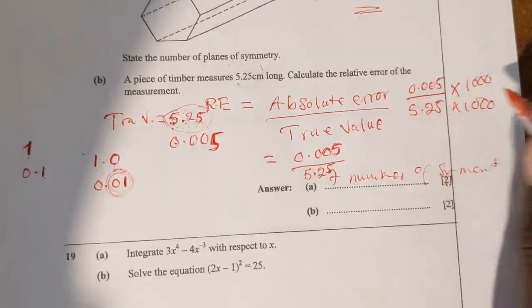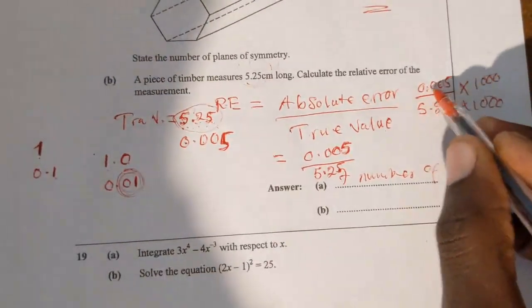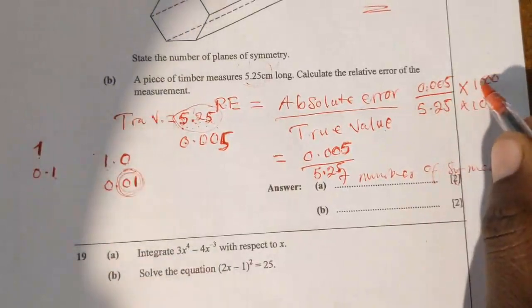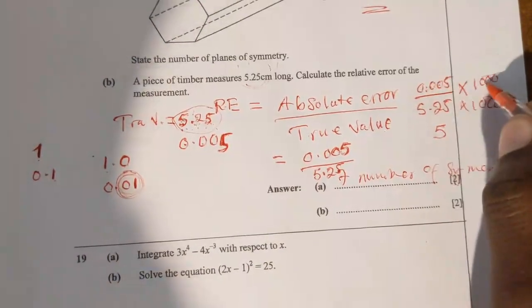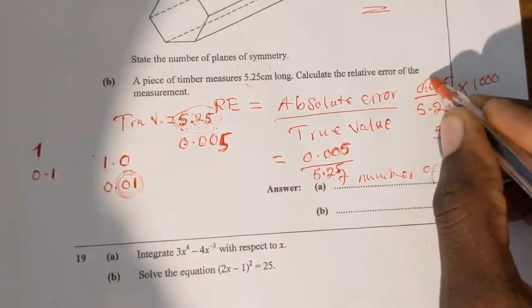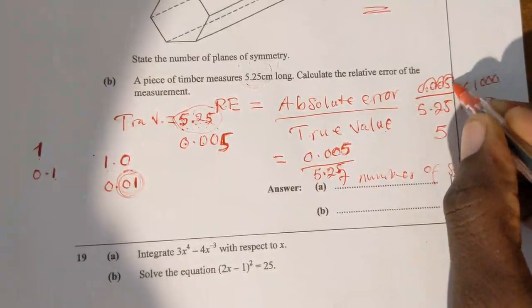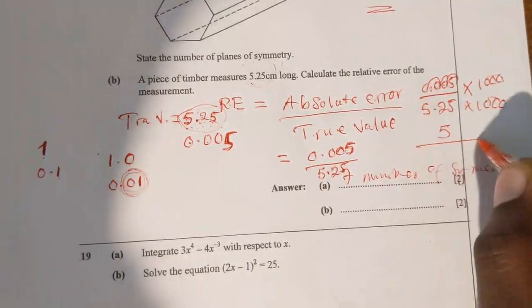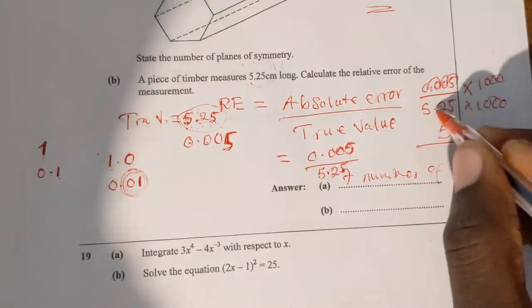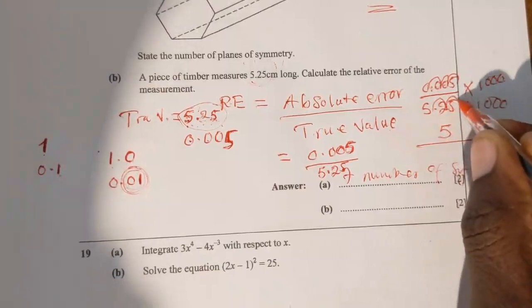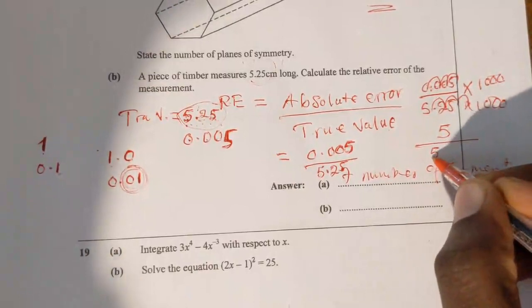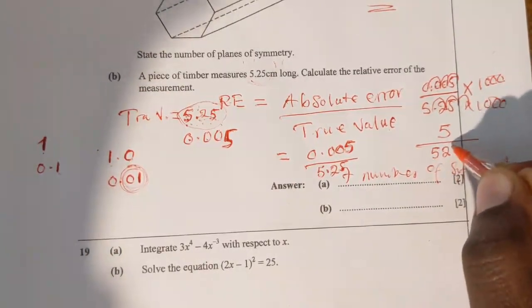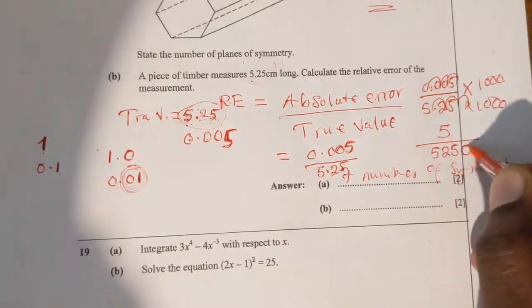When you multiply this by 1000, you are going to have 5, because the 3 zeros will move 1, 2, 3. Then the bottom will be 5, 2, 5, then 0.